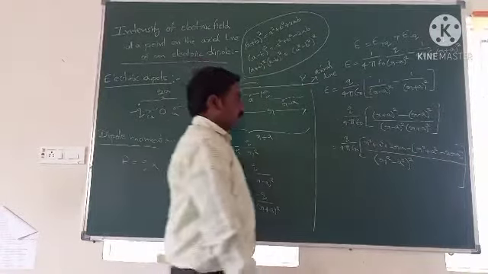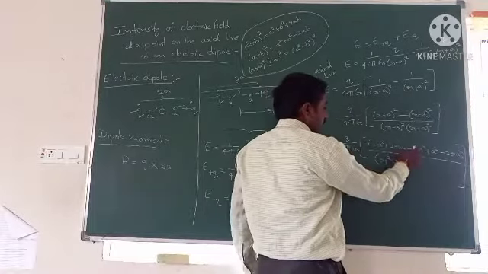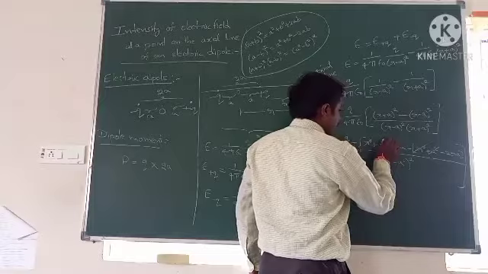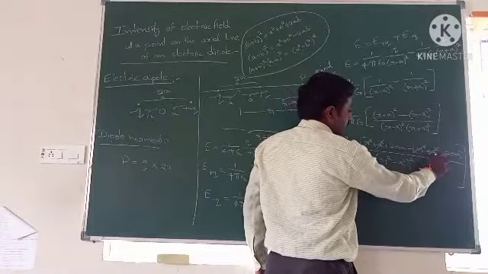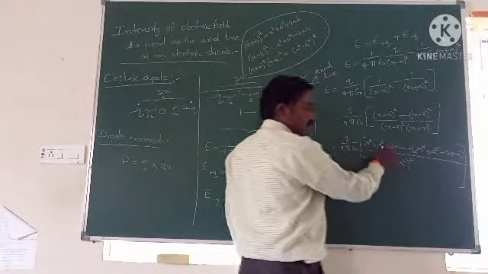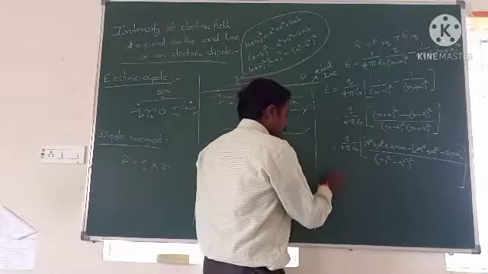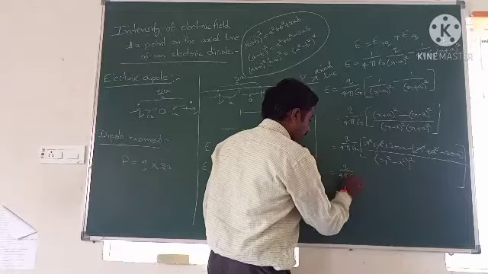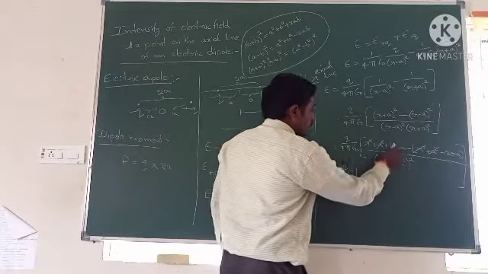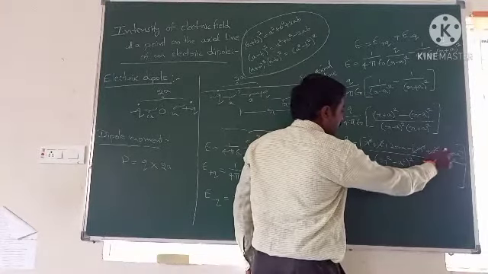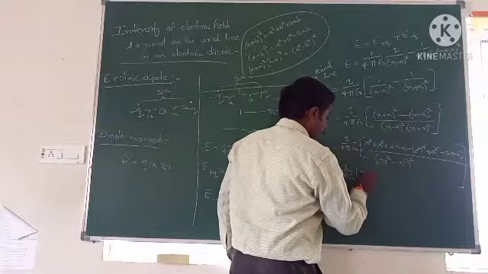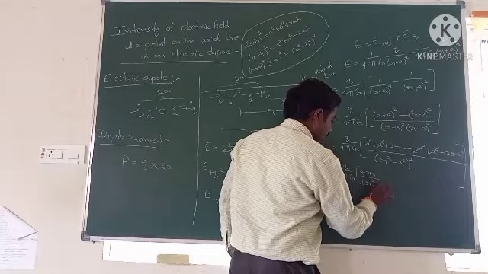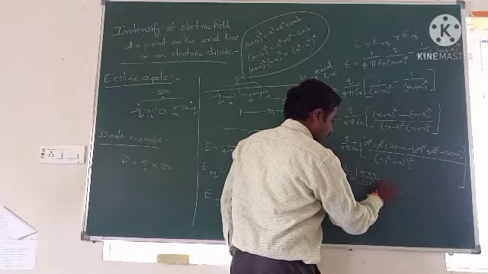Again, after simplification, here minus r square plus r square will be cancelled, minus a square plus a square will be cancelled, minus into minus plus 2ra plus 2ra will become 4ra. So q by 4 pi epsilon naught, 4ra by (r square minus a square) whole square.